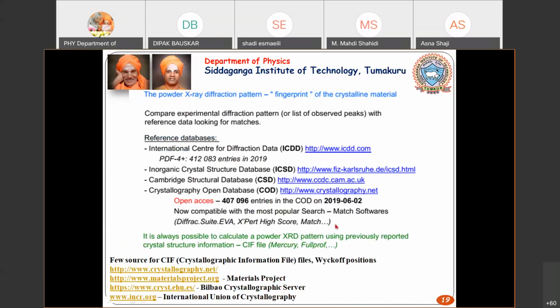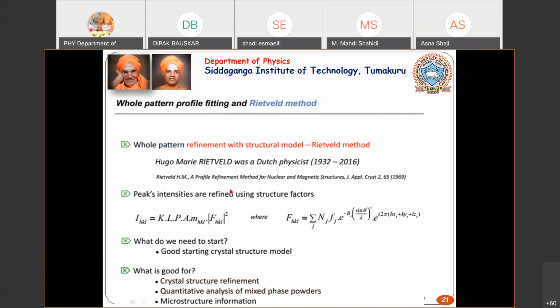These programs normally use the same algorithm, so the concept is the same, whether you are using HighScore, Jana, GSAS, or FullProf. Only the graphics change; the way you work in HighScore may be easier compared to FullProf, or the GUI for GSAS may be easier compared to Jana.